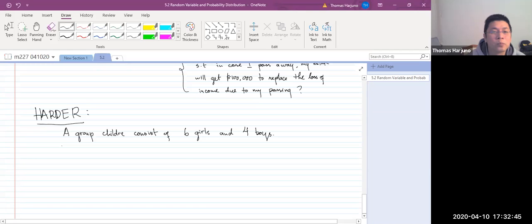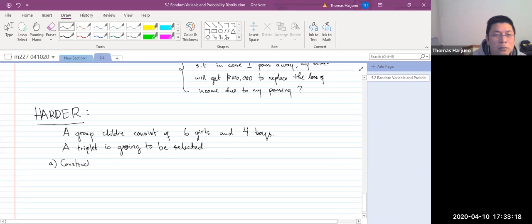Now then, a triplet is going to be selected, a group of 3 children. First, construct the probability distribution.